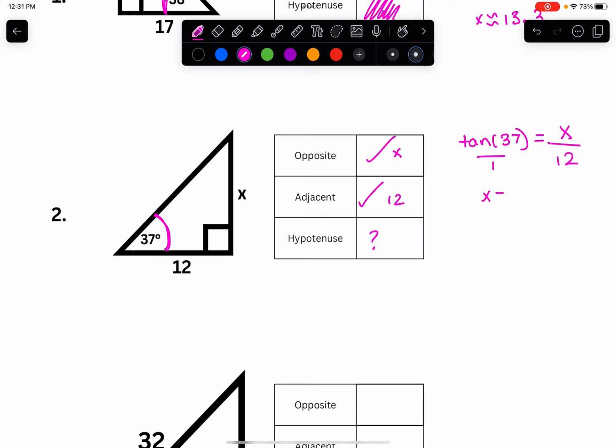Cross multiply. You do x is equal to, again, tangent of 37. Make sure you close the parentheses and then times it by 12. 9.0426..., rounded to the nearest tenth, x is equal to 9.0.